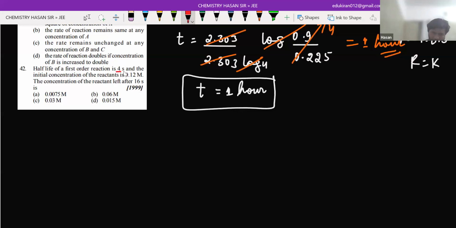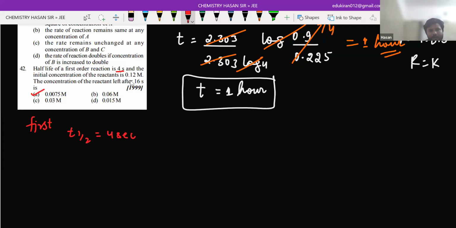Half-life of first order is 4 seconds. T half is given for first order. 42 is very good, Fadil, it's answer A. T half is 4 seconds for first order.